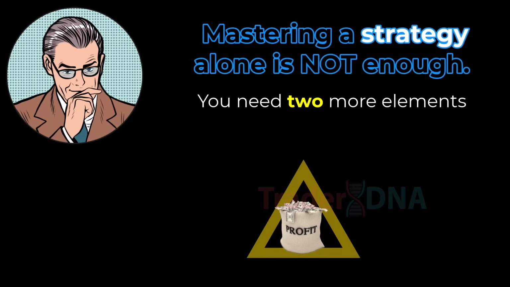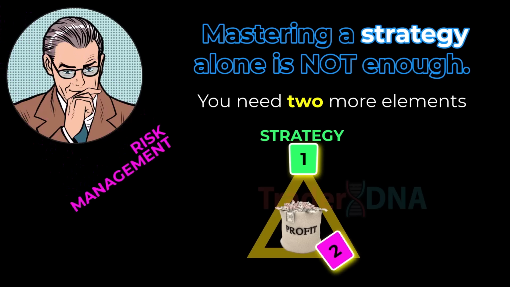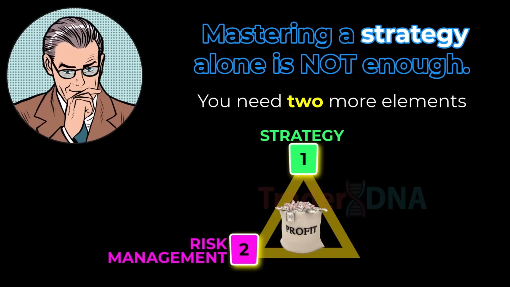These traders have mastered a strategy with clear, repeatable rules. Rules they follow with zero guesswork. Rules that actually work over the long run instead of just looking good once or twice. They've also locked in their risk management, meaning they stay calm under pressure. They don't panic, they don't chase losses, and they only risk amounts that keep them mentally steady instead of emotionally exploding.